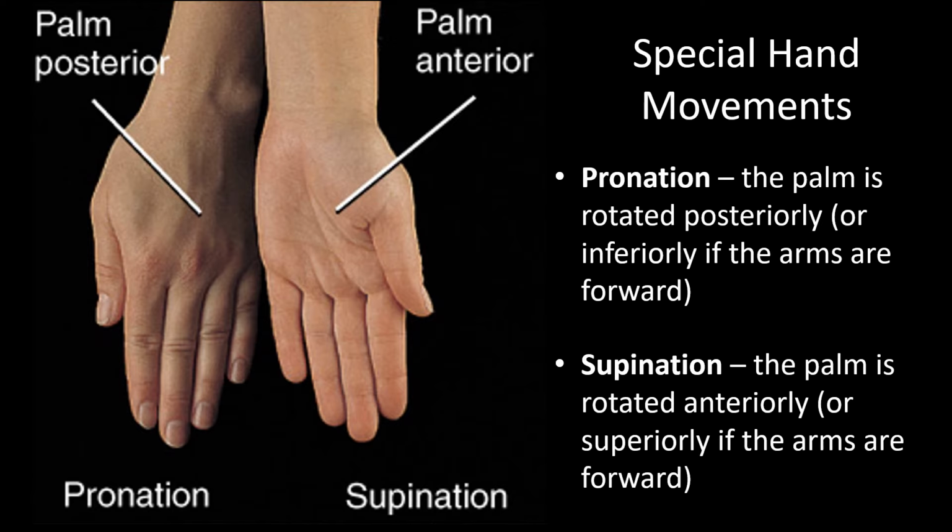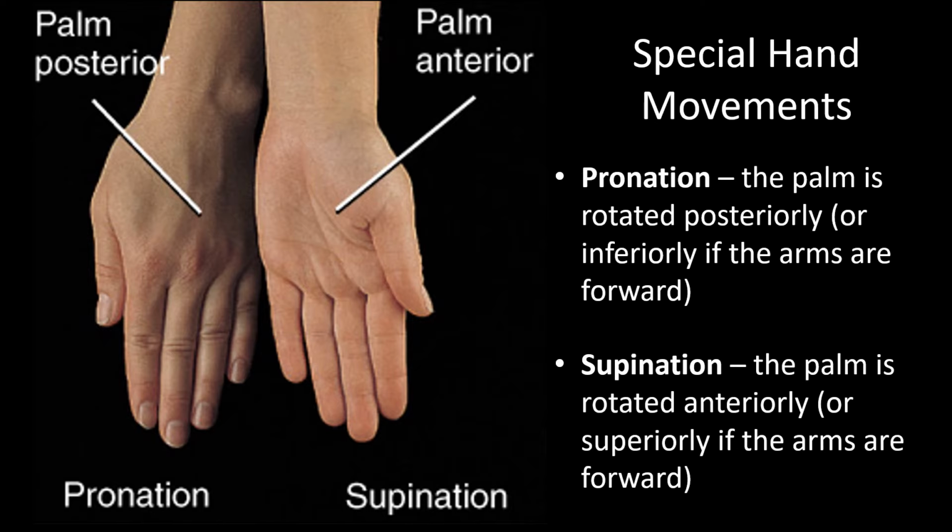They would be facing inferiorly, and that would still be considered the pronated state. And from that, you might be able to figure out where this term, pronated, comes from. Remember that when you're prone, your palms are also facing towards the ground. So pronation is the movement of the hand to the pronated state.